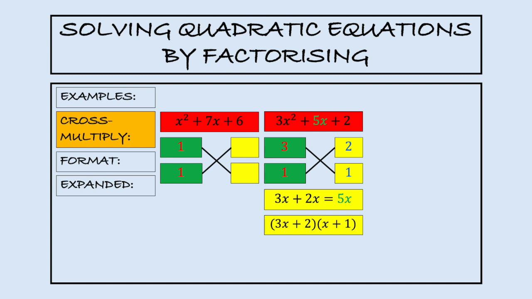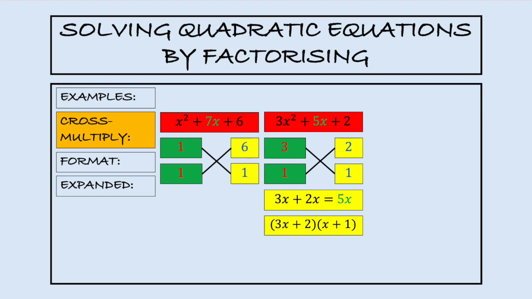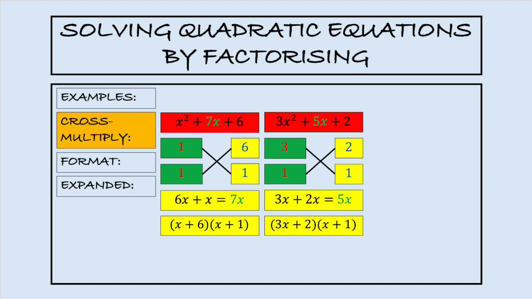However, 2 plus 3 equals 5. That's not the number we're looking for. However, you can find that 1 times 6 equals 6. And 6 plus 1 also equals 7. So we find that we can now factorize into x plus 6 and x plus 1.